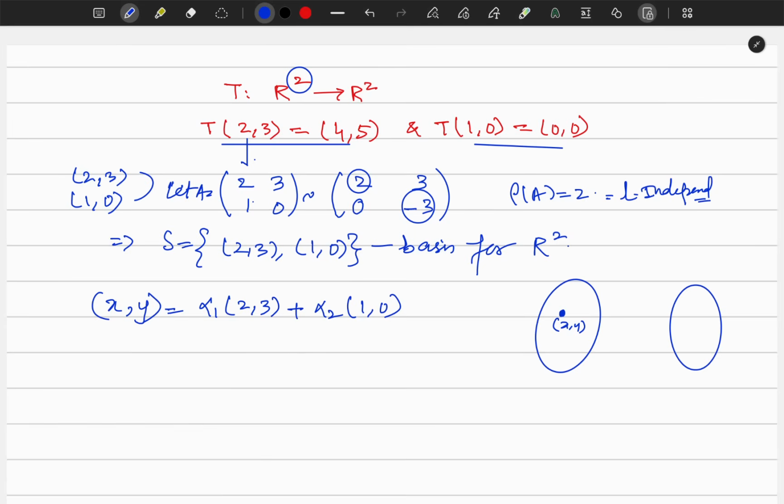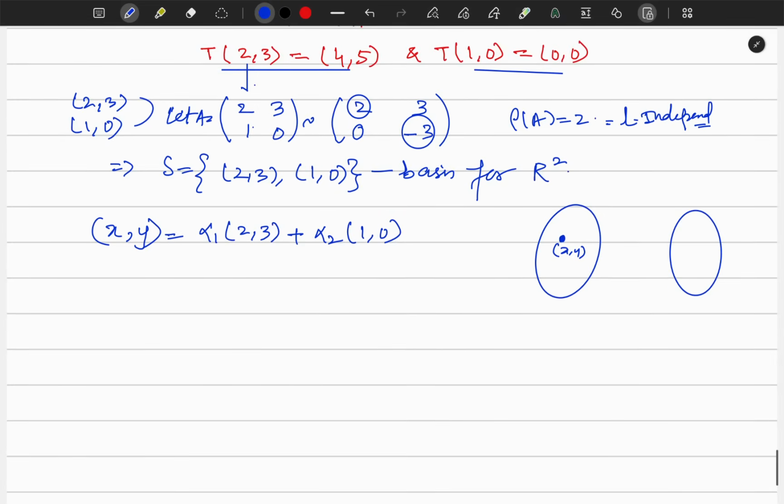So now what will you do? You have to apply the T. Before that, we will find this alpha 1 and alpha 2. So 2 alpha 1 plus alpha 2, and similarly 3 alpha 1, is equal to x comma y. So it means that 3 alpha 1 is equal to y, so alpha 1 is equal to y by 3.